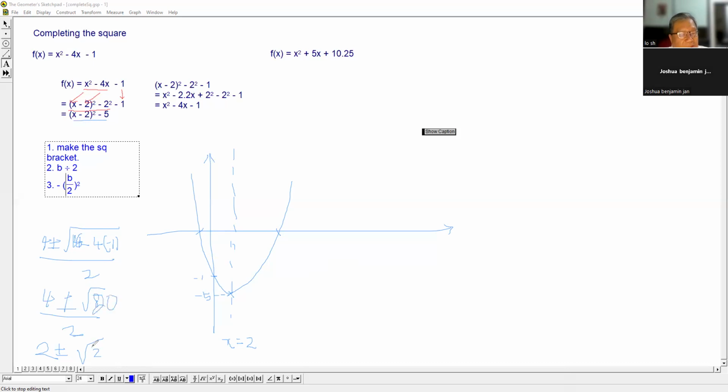So it's plus or minus square root of 5. So here will be 2 plus square root of 5. This point here will be 2 minus square root of 5. 2 minus square root of 5 is -0 point something.